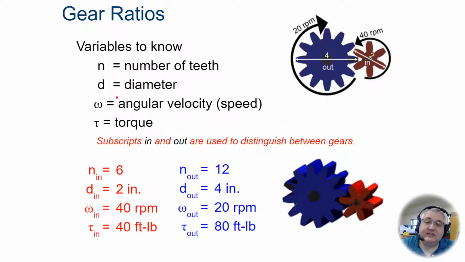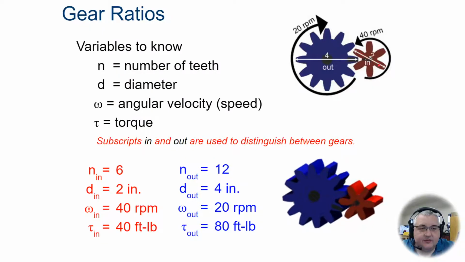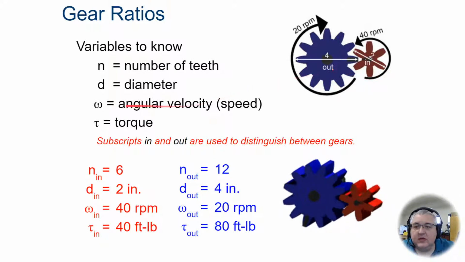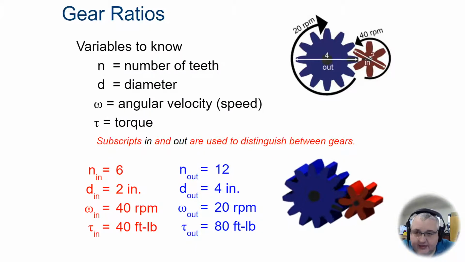D is equal to diameter, how wide it is. This one is wider than this one. We have this W, and this is not actually W. This is the lowercase Greek letter omega.